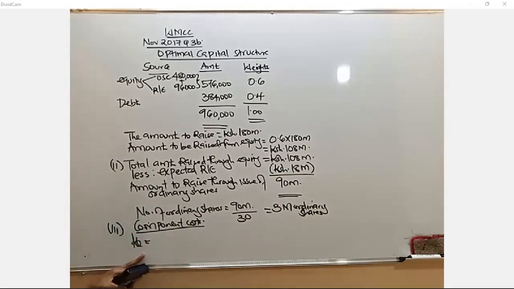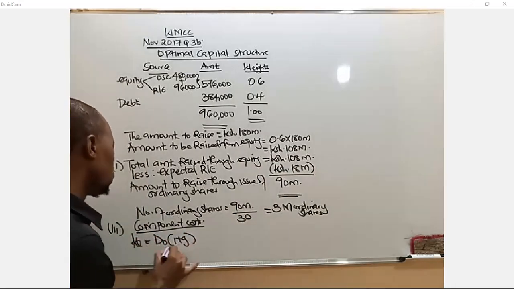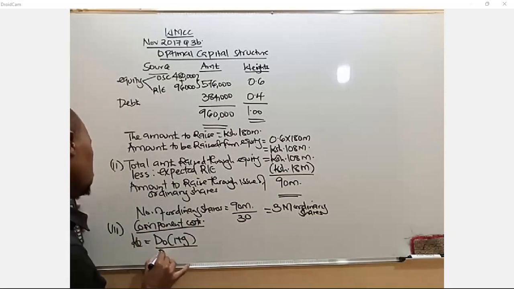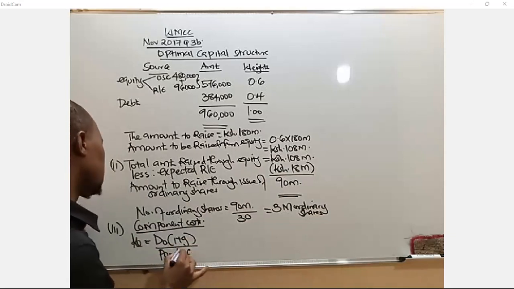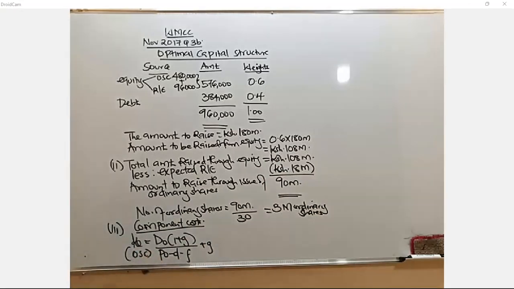In that aspect, that is where we normally draw the line to calculate the cost of equity. And the cost of equity, we are going to be guided by note number 3, where we are being told the more recent dividend paid by the company was 5 shillings per share. And this will be D0(1+g) divided by P0 minus F, plus g. This is when you are calculating using the ordinary share capital.